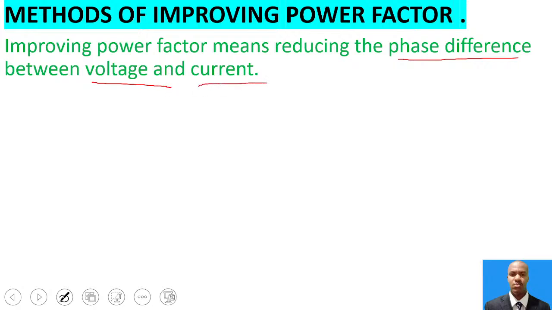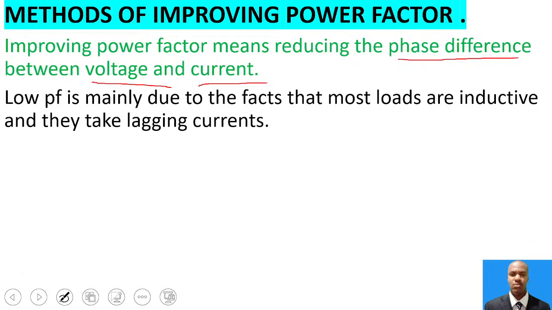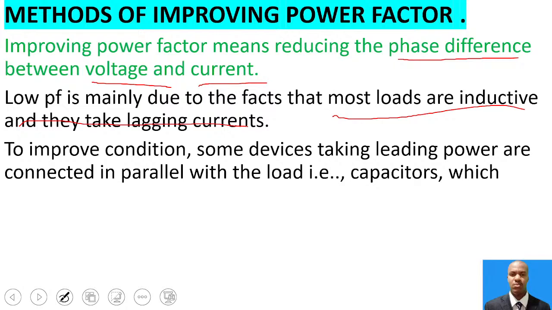Low PF is mainly associated with the fact that most loads are inductive and they take lagging currents. So to improve this condition, some devices taking leading power are connected in parallel with the load, e.g. a capacitor.